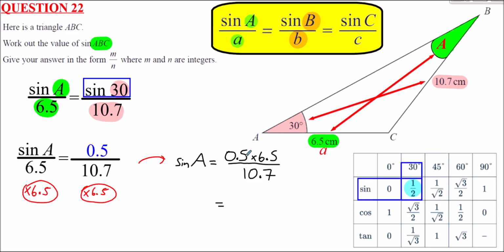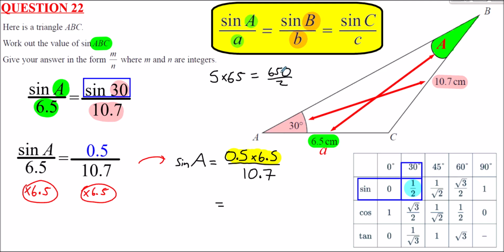So 0.5 times 6.5. Let's just think about this for a second. Like the question earlier in the paper when we were multiplying decimals, forget the decimals exist and think of it as what the numbers would look like if they didn't have any decimals at all. It would look like 5 multiplied by 65. So 5 lots of 65 is half of what 10 65s would be, so it's going to be half of 650. 650 divided by 2 is just my way of timesing by 5: I multiply by 10 and then half it.